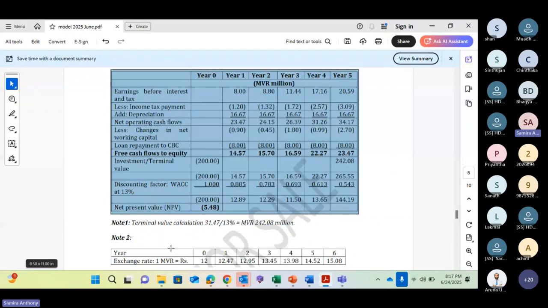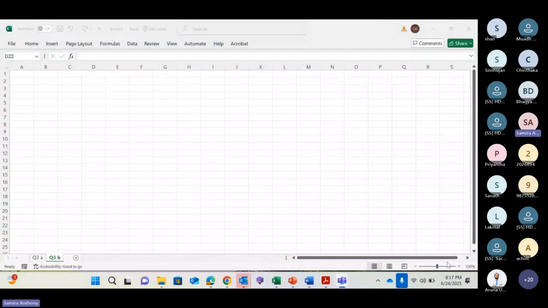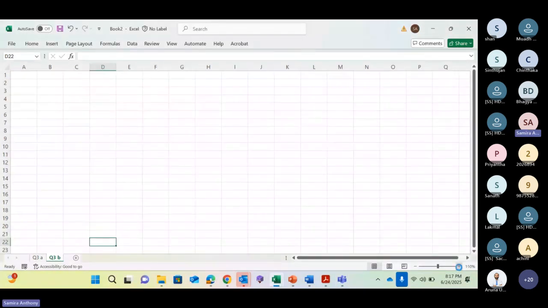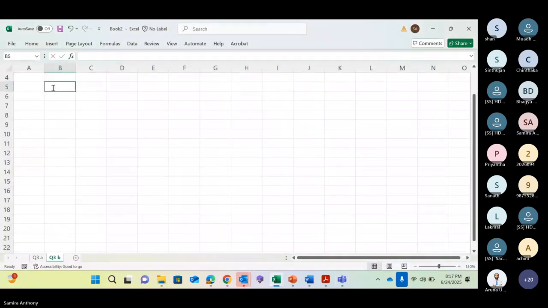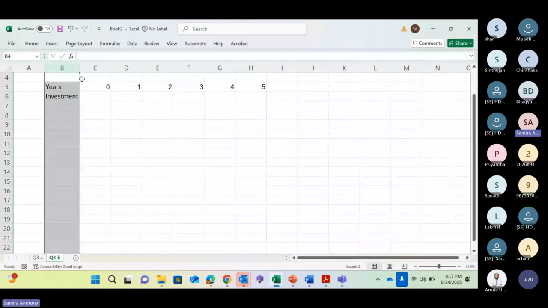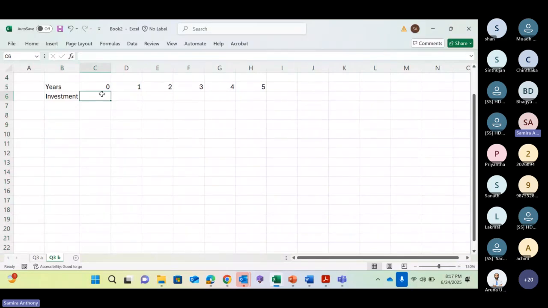We have to go for a project appraisal table. It has 5 years, right? Years 0, 1, 2, 3, 4, 5. Then we can take the investment, clearly mentioned, it is 80 million, right?